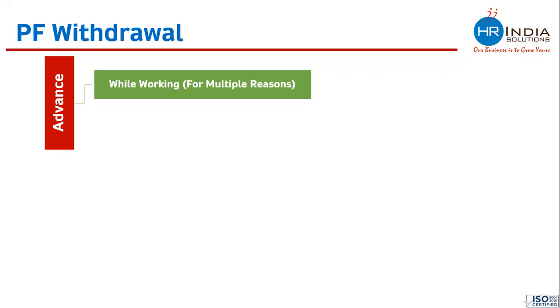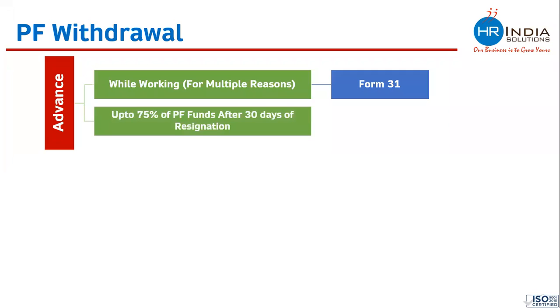This advance PF withdrawal can happen while working. You are working in the company and you want some money for some important reasons. So you can withdraw some PF amount, which is called advance PF, by applying through Form 31. We will see what are the reasons on which the PF government is allowing you to withdraw money from your Provident Fund savings account. Second is when you have left the job and you want some money.